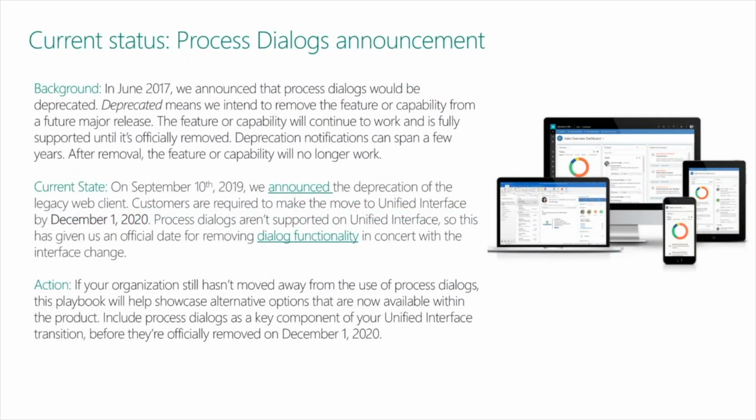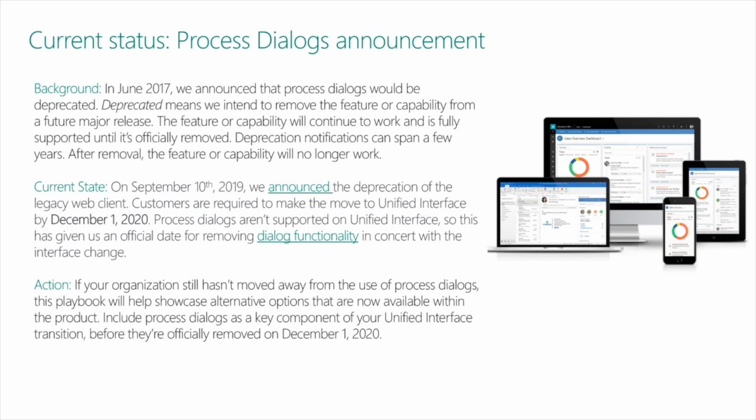So basically where we are today, back in June 2017, we announced that process dialogues would be deprecated. Deprecated means that we intend to remove the feature or capability from a future major release. The feature or capability will continue to work and be fully supported until it's officially removed.